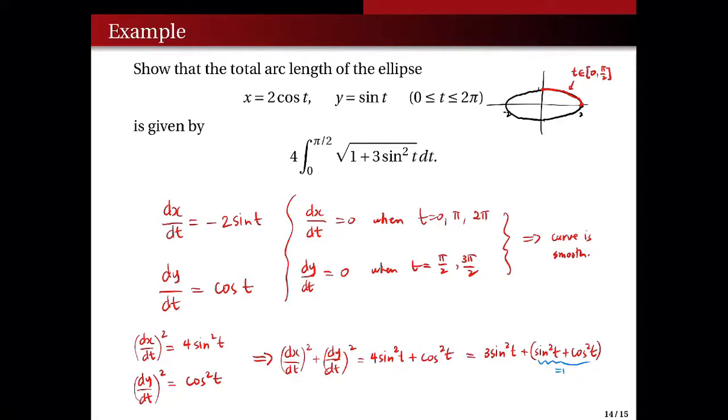And then from this point up to this point here, the interval for t will be from pi over 2 up to pi.